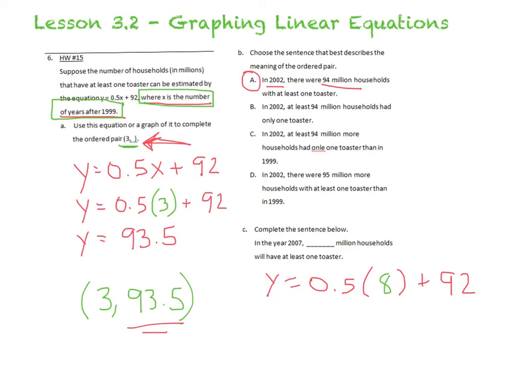Again, since all the numerical stuff is on the right-hand side of the equation, you can pick up your calculator and type in with me 0.5 times 8 plus 92 equals 96 million.